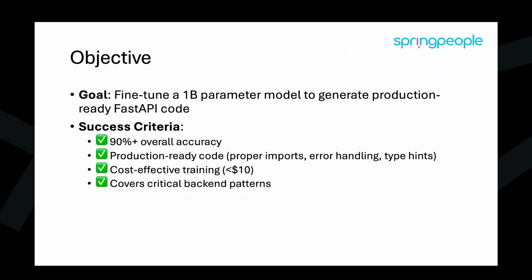Okay, so what was the objective? For this particular piece of work, and the seminar that we are doing, it is to fine tune a 1 billion parameter model, in this case Llama, to generate production-ready FastAPI code.